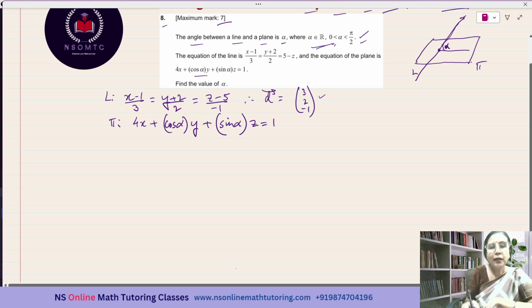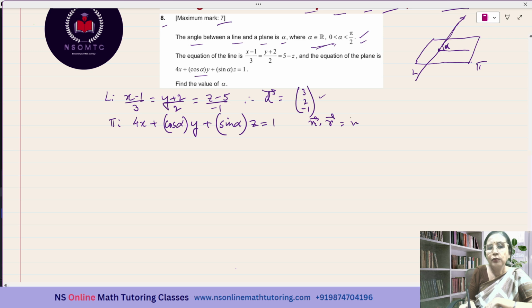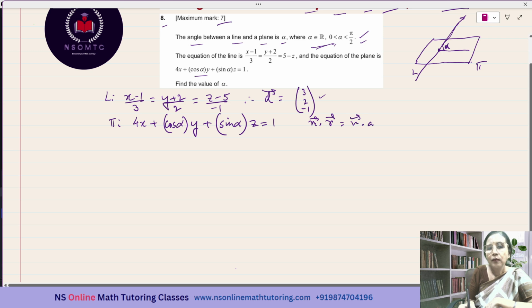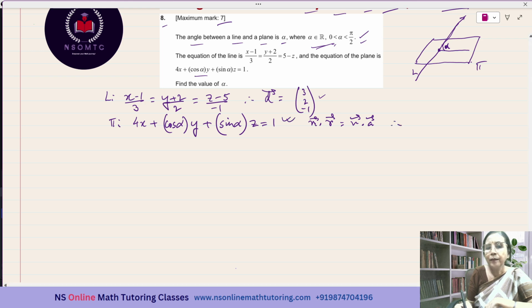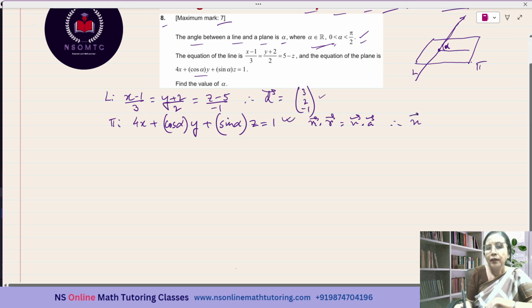And from here, because we know the equation of the plane, I am getting the normal vector to the plane as 4, cos alpha and sine alpha.